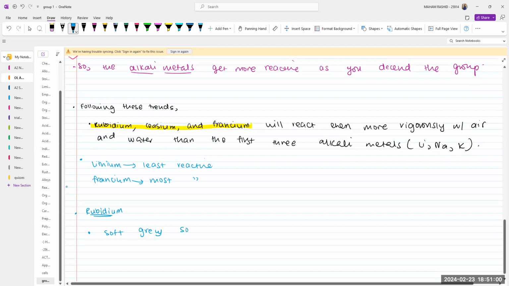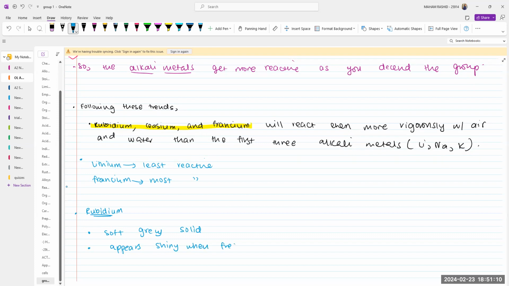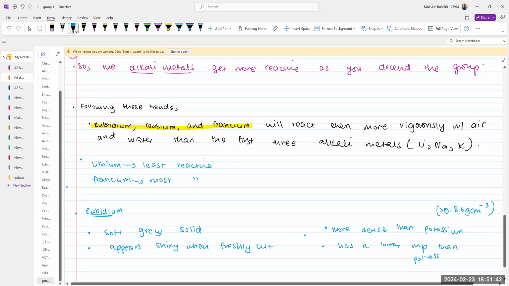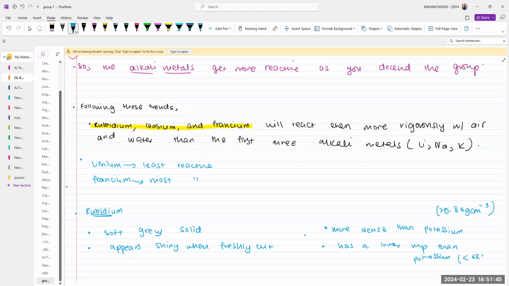Soft gray solid, appears shiny when freshly cut, more dense than potassium, meaning its density is greater than 0.86 grams per centimeter cube, has a lower melting point than potassium, meaning lesser than 63.5 degrees Celsius. No need to learn all of these numbers, just for an idea.